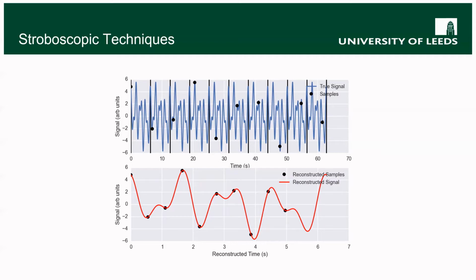The actual measurement we take to reconstruct this signal might take many, many periods, depending on how accurately we want to do it. But you do end up reconstructing something which gets you a much higher frequency signal than you'd be able to if you tried just measuring it all in one go. So that's the basic idea of a stroboscopic technique, and we'll come back to that later on.